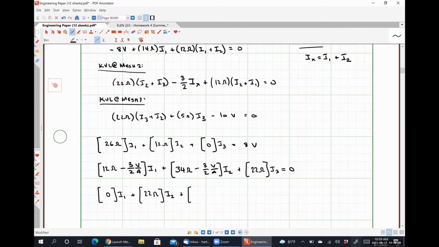And then we have 22 plus 5 is 27 ohms. Make sure that looks like a 2. That made it look even more like a 1. I apologize. 27 ohms I3 is equal to positive 10 volts. So here is our system.